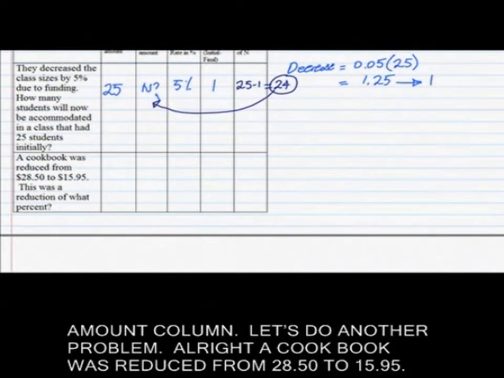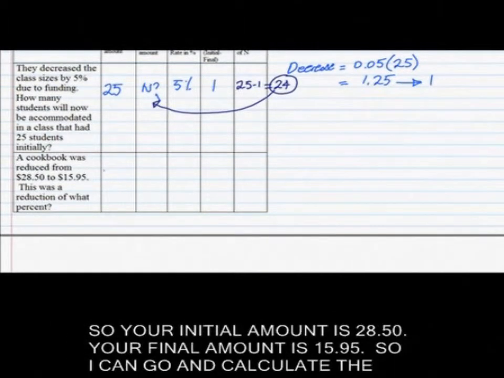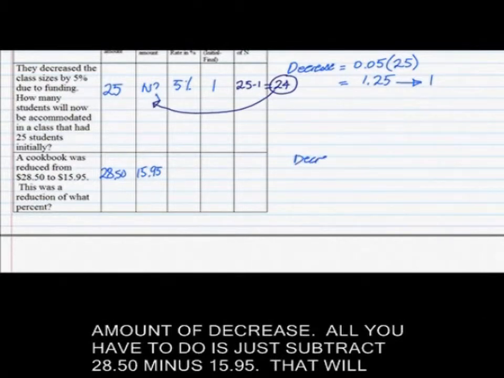All right, a cookbook was reduced from $28.50 to $15.95. So your initial amount is $28.50. Your final amount is $15.95. So I can go and calculate the amount of decrease. All you have to do is just subtract $28.50 minus $15.95.